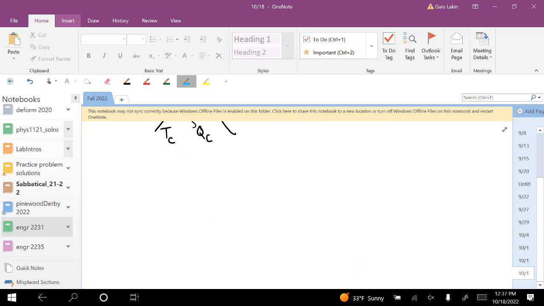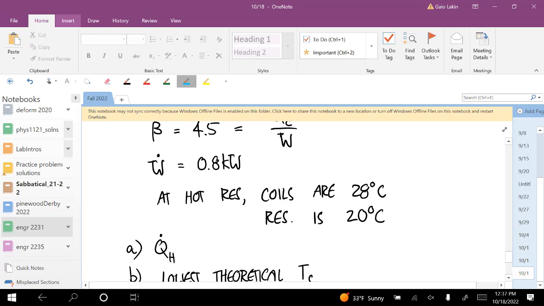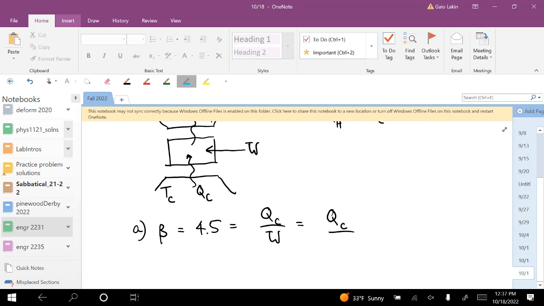Okay, well, we're given that the performance is 4.5, and that's equal to QC over W. So that's QC over, we're given the work input, 0.8 kilowatts.